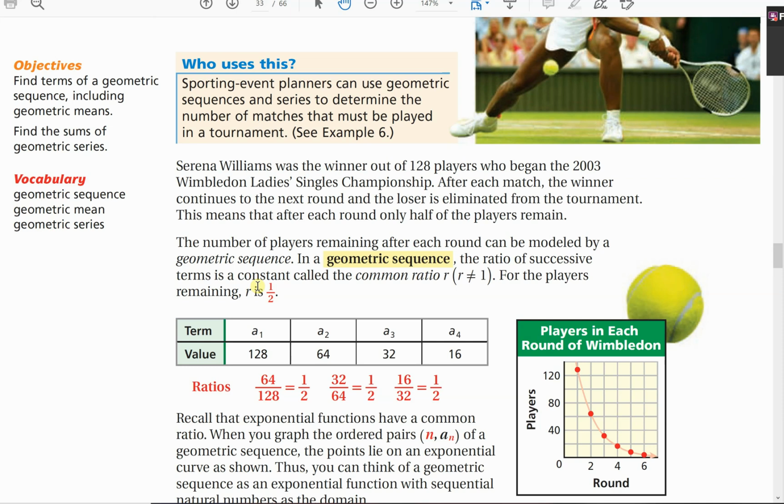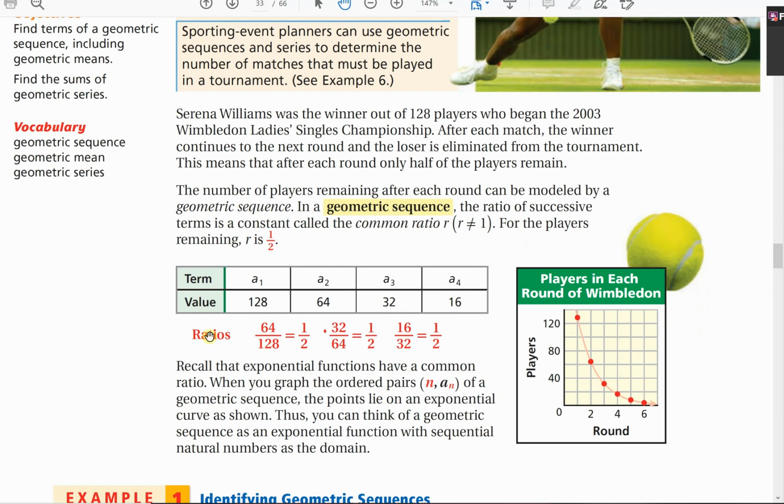So if you remember, in an arithmetic sequence, we were looking at a common difference, and we were adding or subtracting every single time. Now we're multiplying. So if we look here, they start out with 128 players, and then after one round, there's 64. So half of them are gone, and then it's 32, and then it's 16, and so on. So we get a common ratio of 1/2 every time.